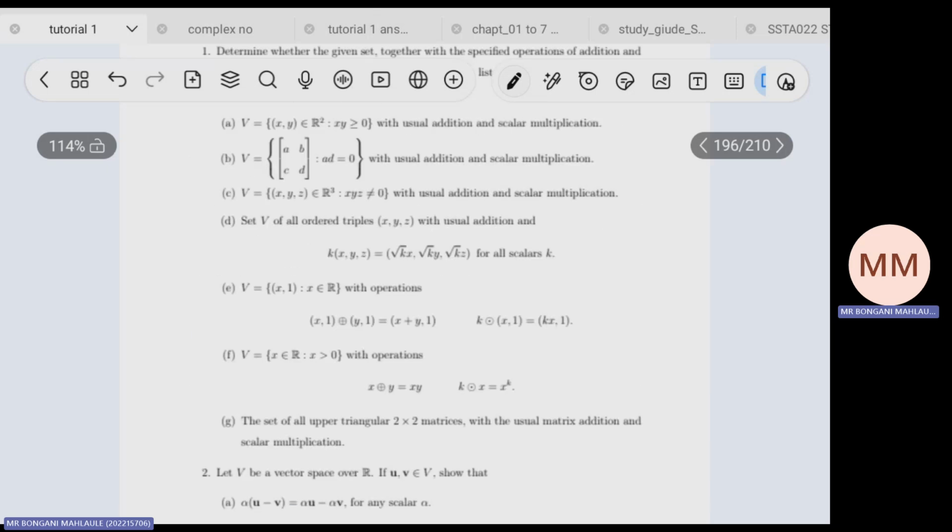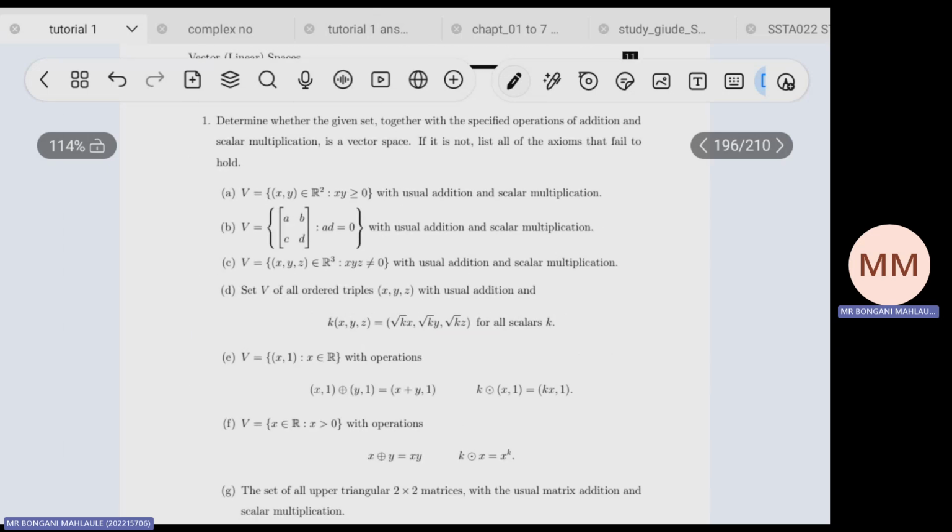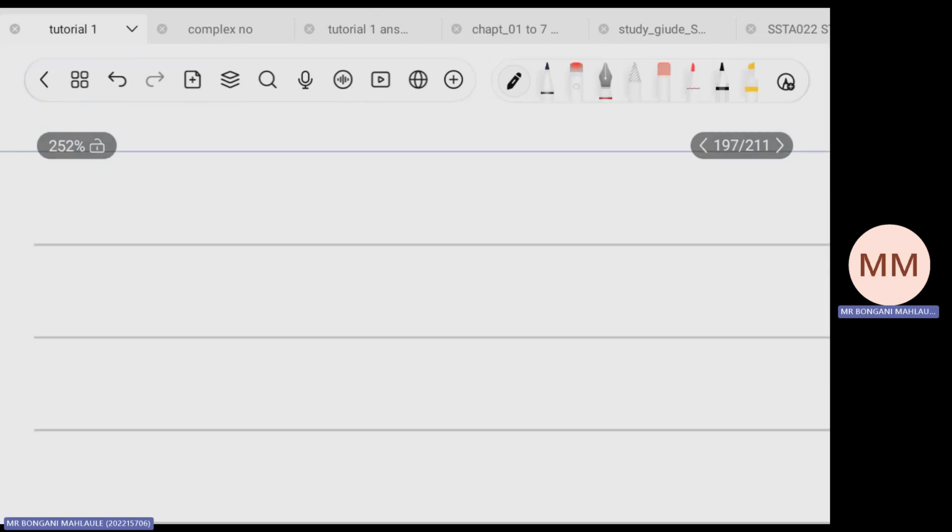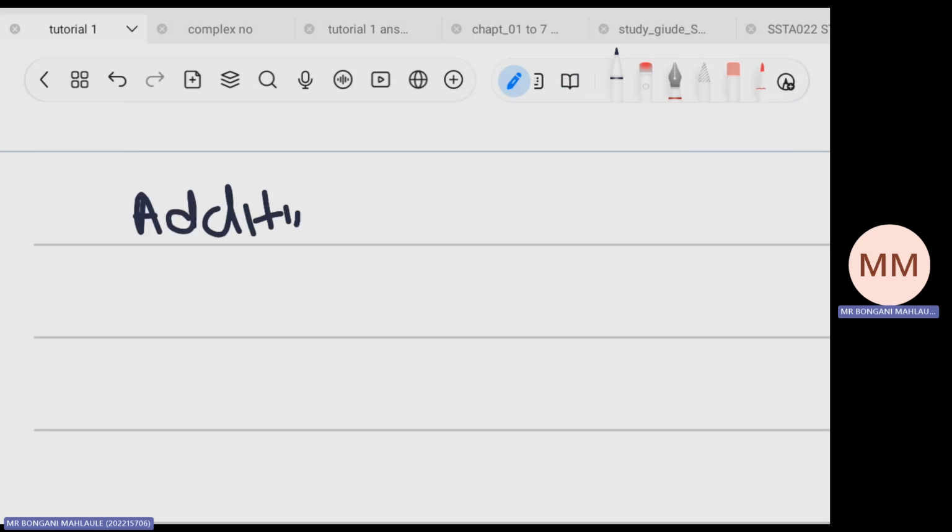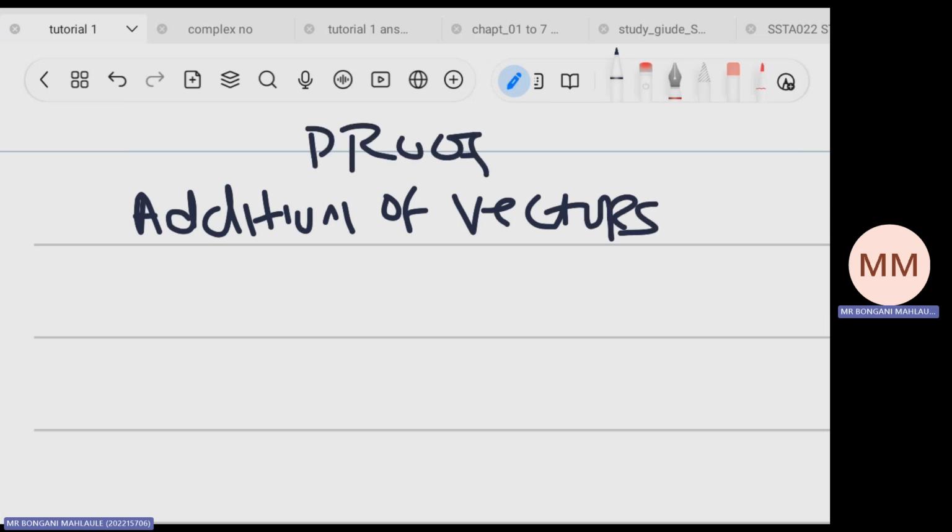So let me just do some of them here. I'm going to start with the ones for addition, the addition of vectors proofs, starting with the additive identity.